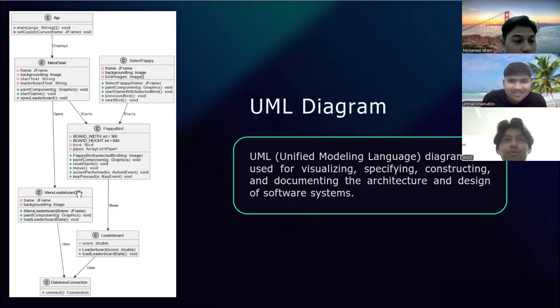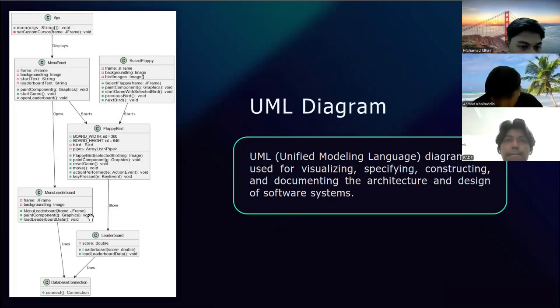And then we go to the next class, which is menu leaderboard. Also, in this class, there is attribute for frame and backgrounds. And then the method that we use is menu leaderboards to retrieve leaderboard data from the database. And then they say it's all the same as the previous. And then we go to the leaderboard class.